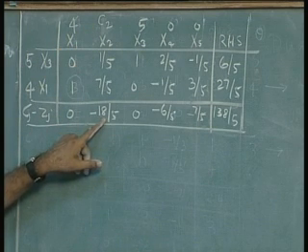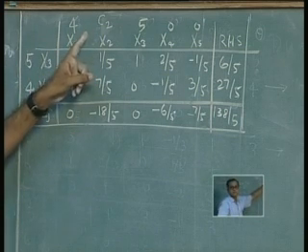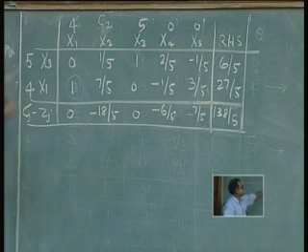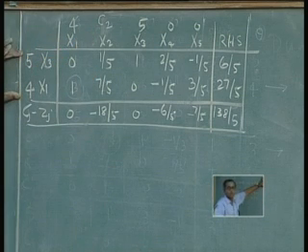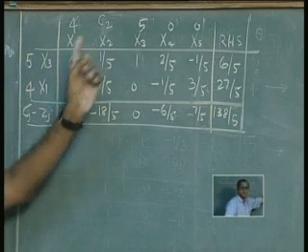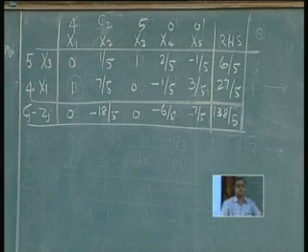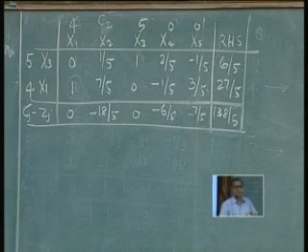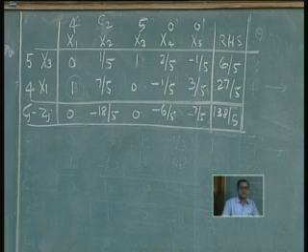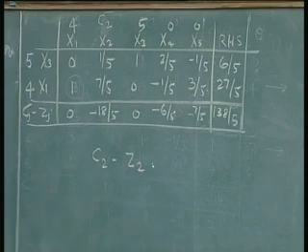It does not have any impact on the other things, because it is not going to affect y, since it is not going to affect Cb. Cb would remain as 5, 4. So, the only change that will happen if there is a change in the objective function coefficient of a non-basic variable is a change in the Cj minus Zj corresponding to that non-basic variable. So, C2 minus Z2 is the only thing that will undergo a change.